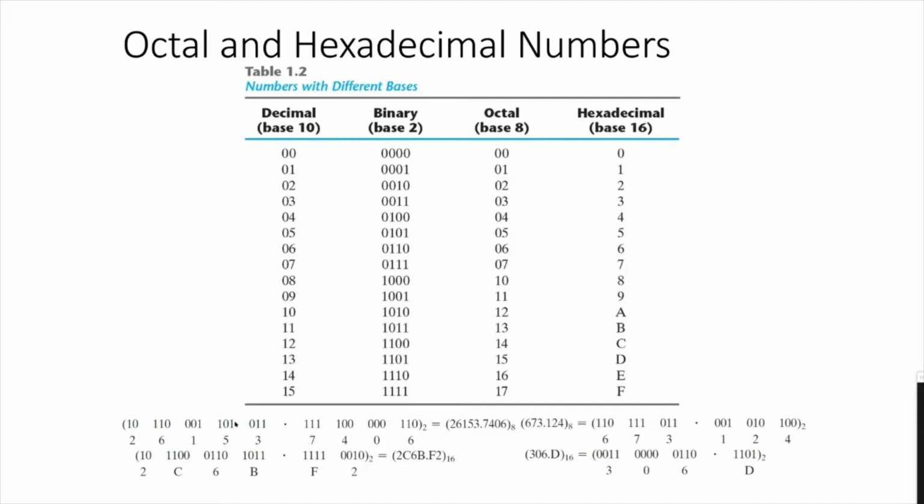Okay? So like here's a number, and you want to convert this to decimal, or sorry, this is base 8, so they're making a conversion to base 8 here, and then this one is base 8 to binary. And here's a base 2 to base 16, base 16 to base 2. Okay, so you can see the process here, and there's examples in the book that also go through that.